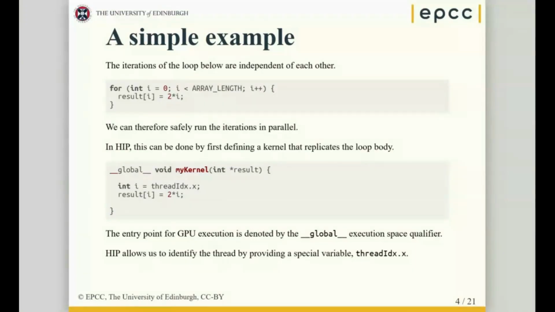I mean, we don't care about the return, so we use void, and we use this qualifier that is called global. For kernels that are executed on the GPU, we will need to use this qualifier. Later today and tomorrow, we will see other qualifiers. But remember that for the GPU kernels, we will use global.